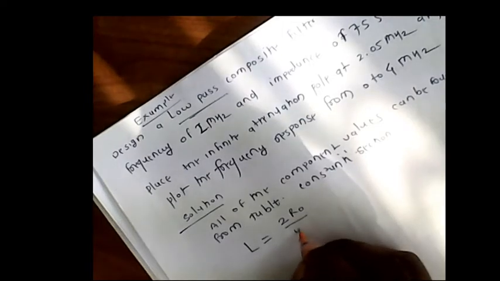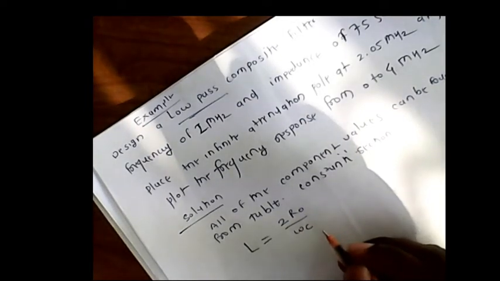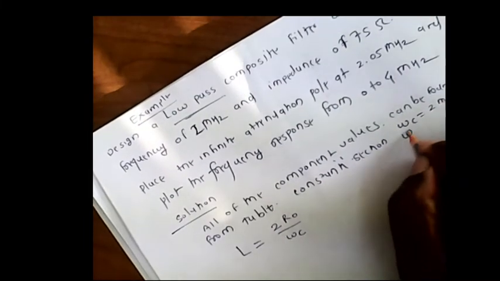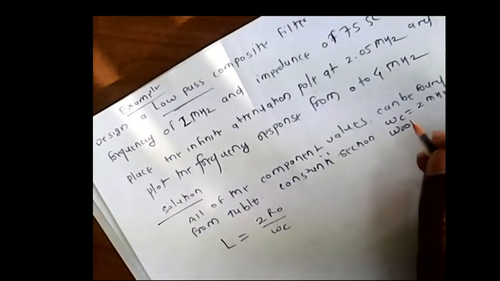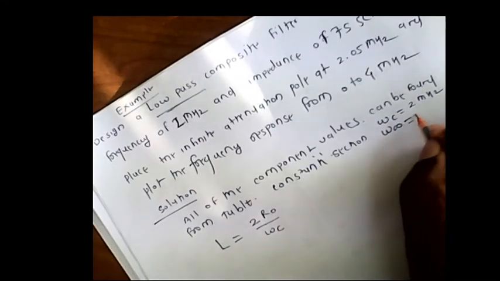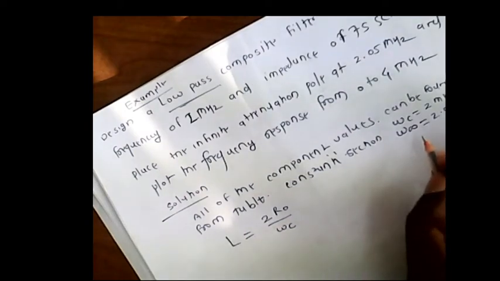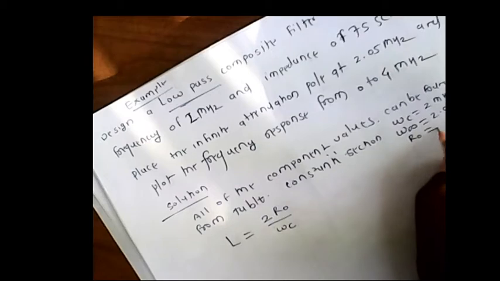2R divided by omega c, where omega c is already given, that is 2 MHz. So here omega c is equal to 2 MHz. Then the infinite frequency at the pole is 2.05 MHz, and the characteristic impedance, that is R0, is 75 ohm.